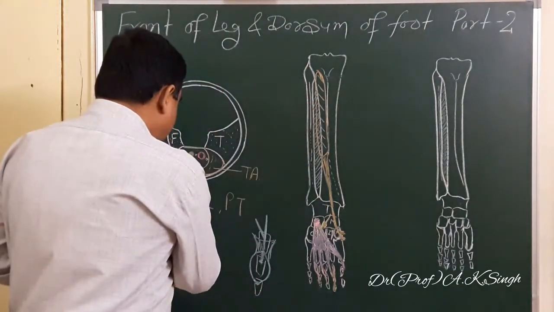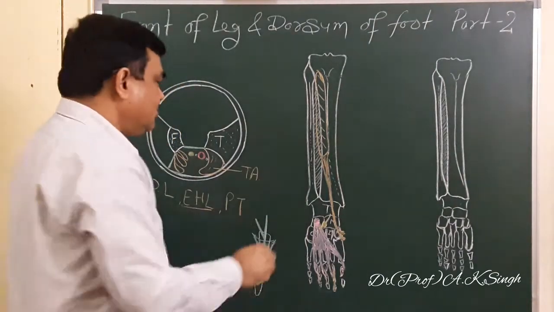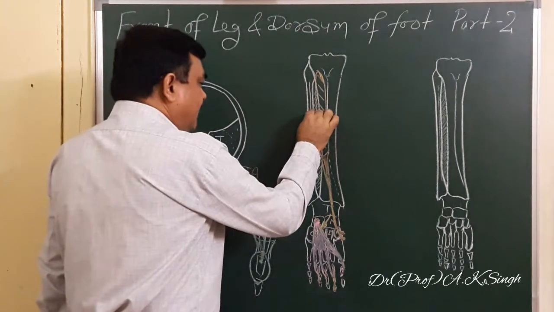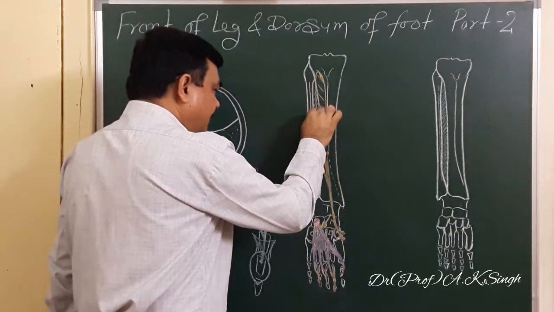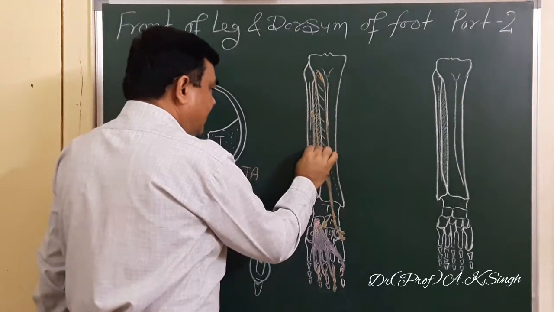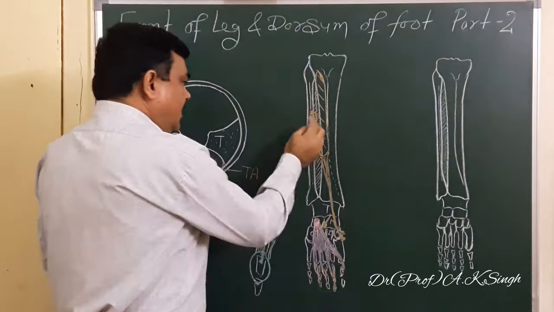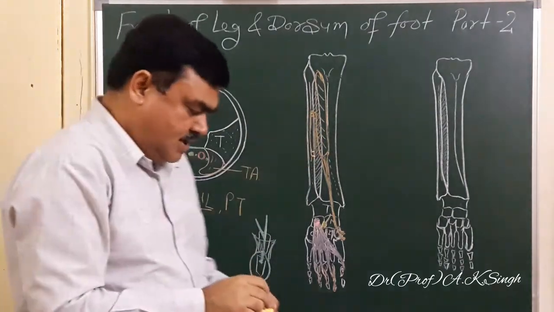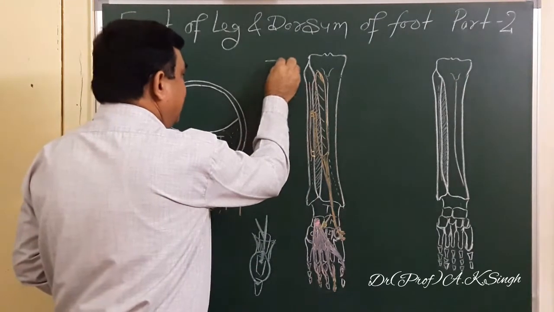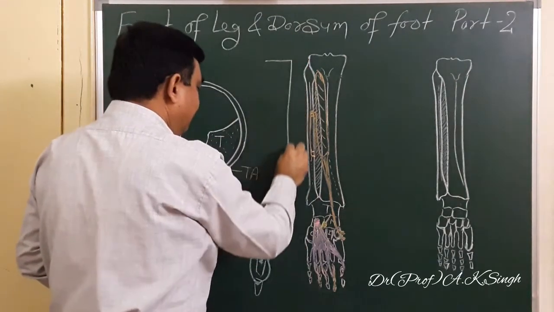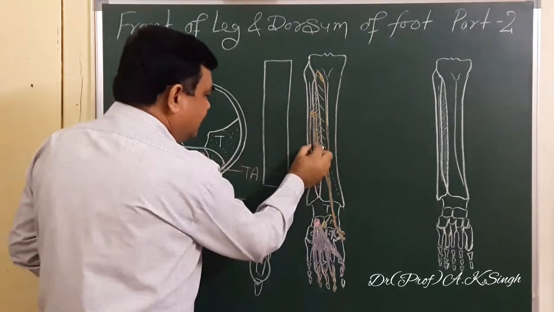And the structure is extensor hallucis longus. Extensor hallucis longus takes origin from medial surface. Here is medial surface of fibula from here to here. If you draw a diagram of the medial surface, this is a schematic diagram, simple diagram. So only medial surface, this portion.